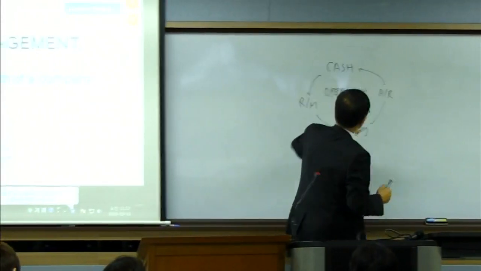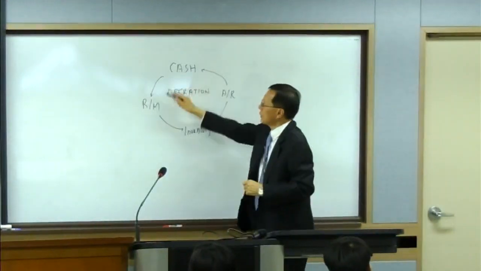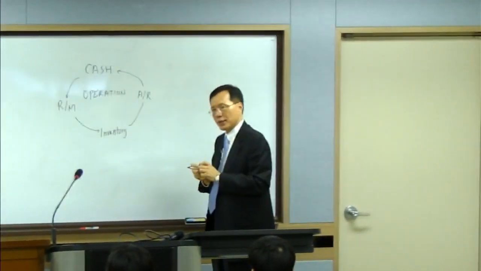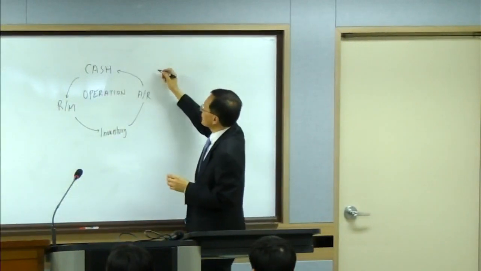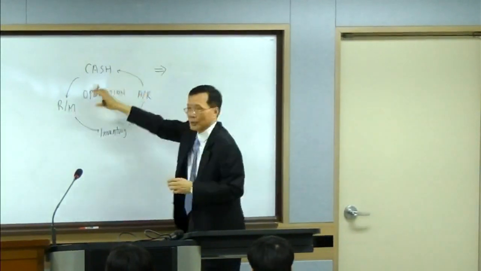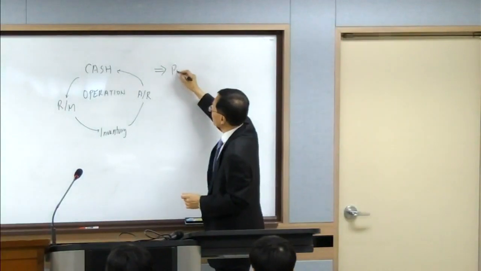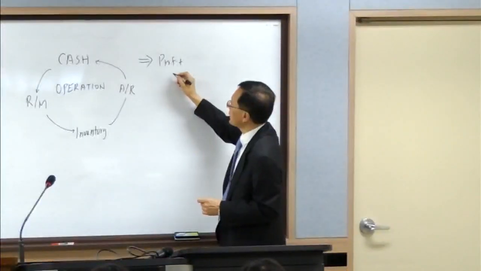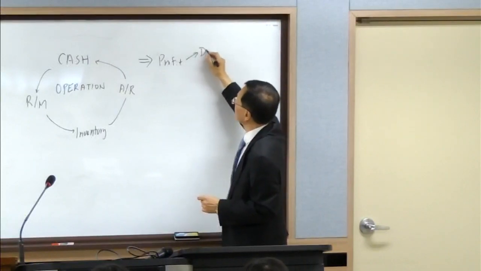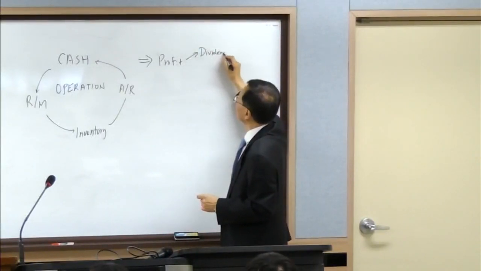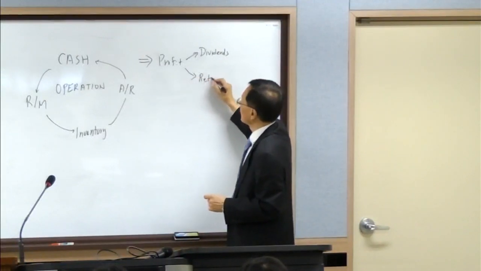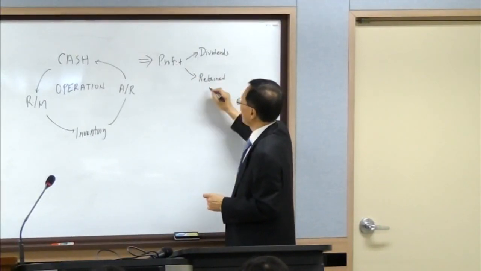And the operation of a firm is running this cash cycle many times a year. And at the end of the year, the company's operations yield profit. And the profit will be paid out as dividends and retained earnings.